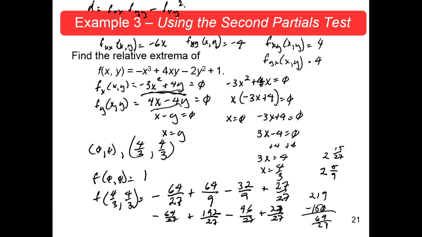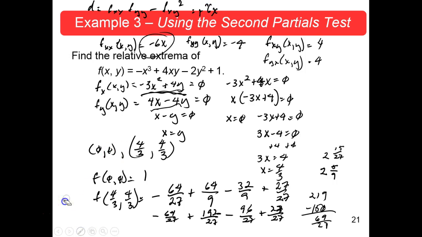That's shorthand. They put a lot more things in it. Well, what's your f sub xx? That was minus 6x. And your f sub yy was a minus 4. So that would be a plus 24x.